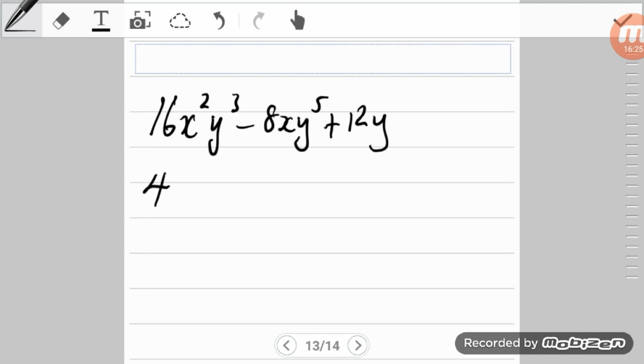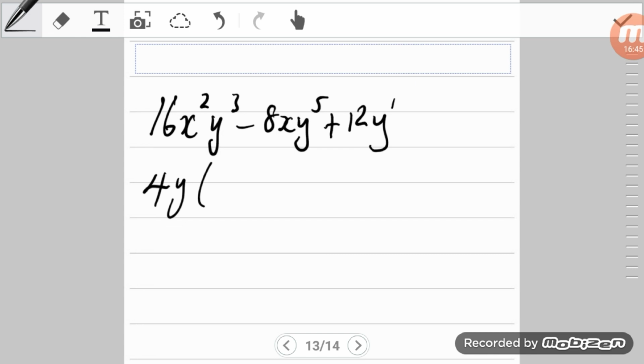We have y cubed, y to the 5, and y to the power of 1. So clearly the variable with the lowest power is going to be a part of your HCF. So 4y, open a bracket here, and we're going to use the 4y to divide the expression to see what is left.